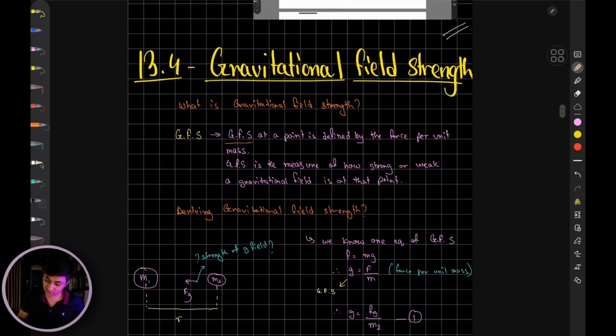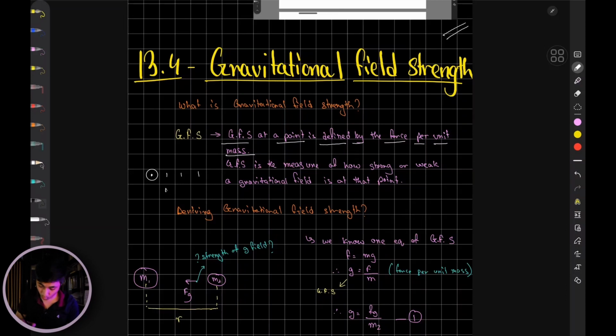Gravitational field strength at any point is defined as the force per unit mass. Therefore, if this is your point mass, at any given distance, what is the force per unit mass exerted?